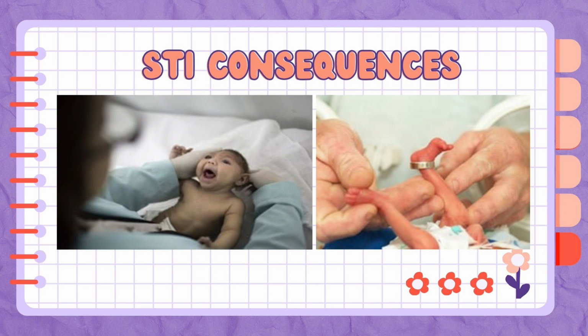Some STIs can be transmitted to the newborn during delivery, leading to neonatal infections. This can result in serious health problems for the infant. In some cases, STIs may increase the risk of miscarriage or stillbirth. That is why pregnant individuals must undergo regular prenatal care, including STI screening and treatment, if necessary, to reduce the risk associated with these infections.